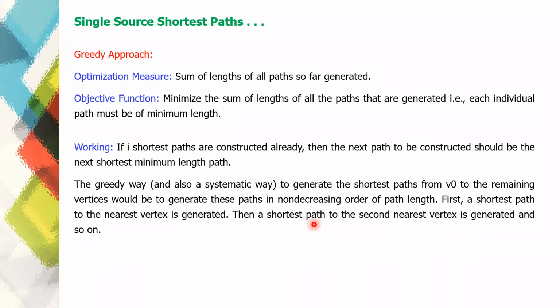So in every step, I'm going to make a selection using the greedy approach: among all the vertices that are available, I'm going to select the vertex which is nearest, to which the distance is shortest. So I'm making a greedy choice in every step, and hence Dijkstra's algorithm is said to follow a greedy approach, and hence it is a greedy algorithm.